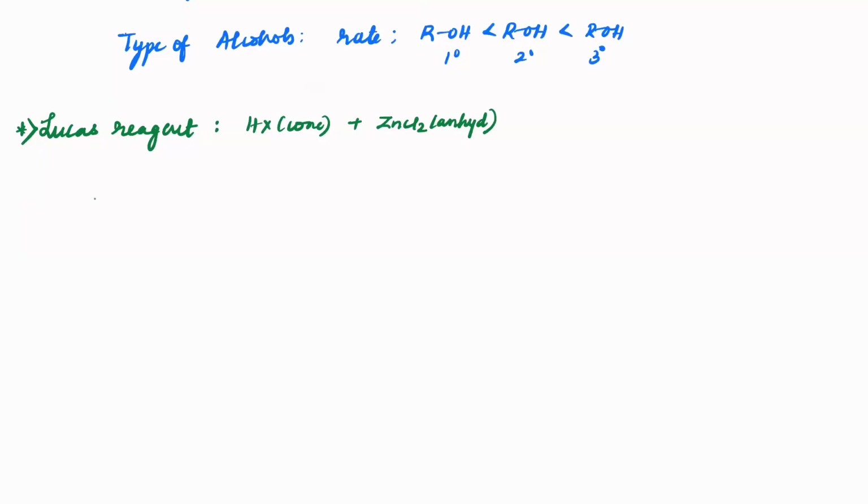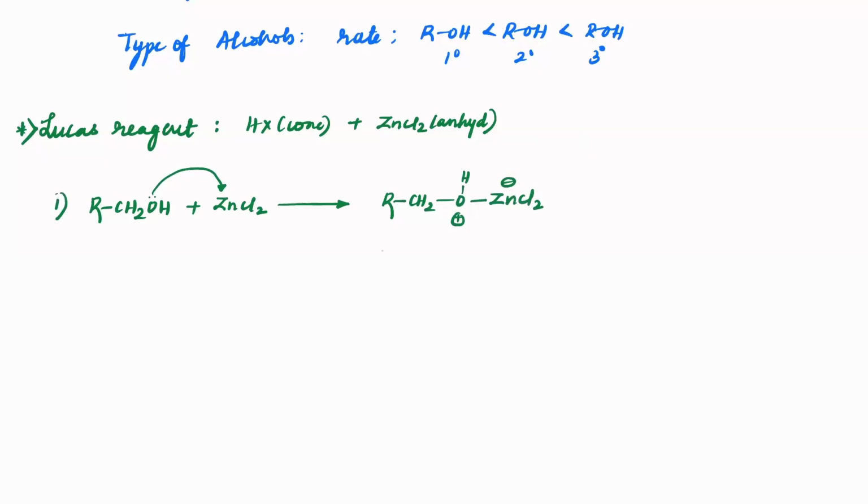That is, if you take 1 degree alcohol, let's say RCH2OH, and then react with ZnCl2 first, correct? The first reaction is the lone pair trying to attack on zinc here. That will cause RCH2OH plus and ZnCl2 minus. This is like step one.